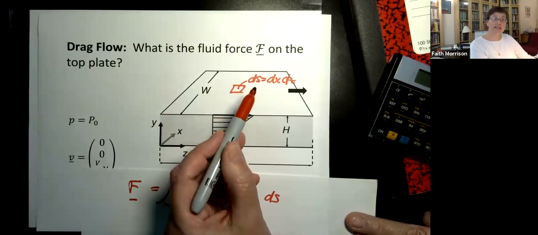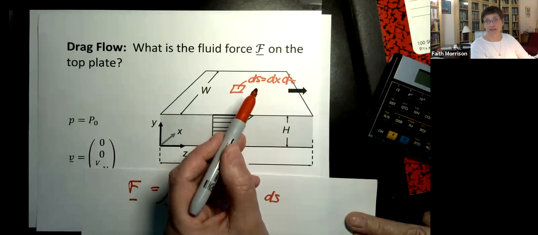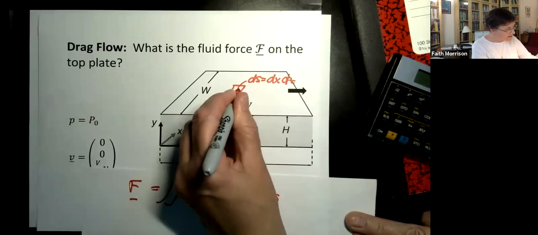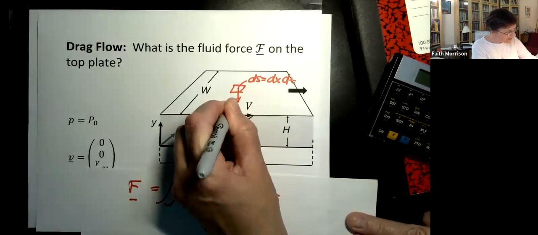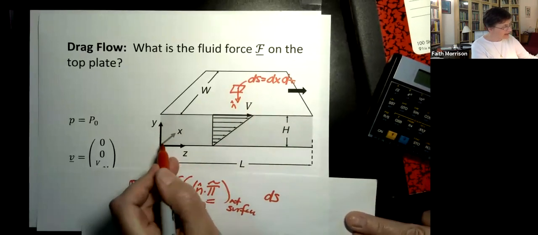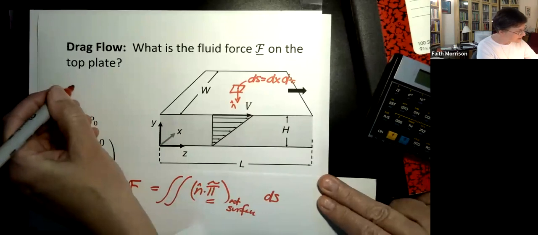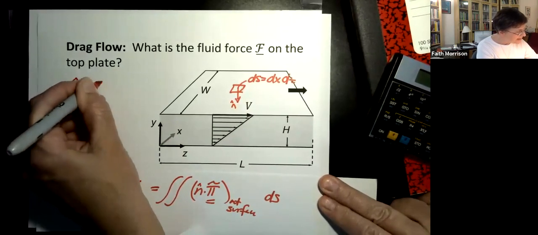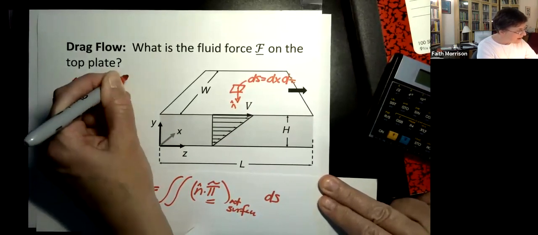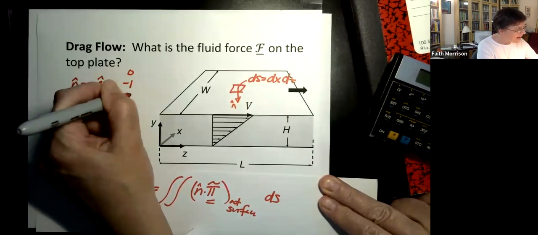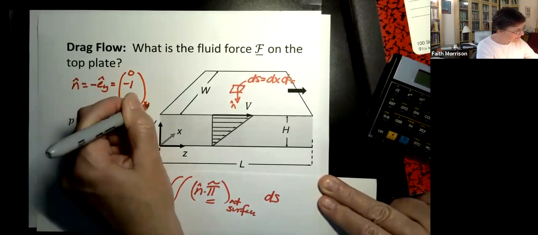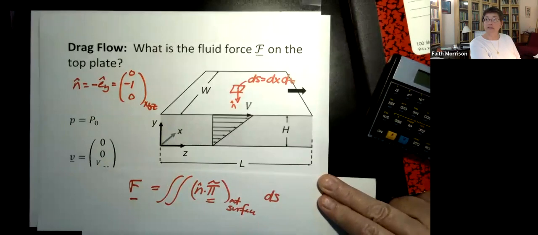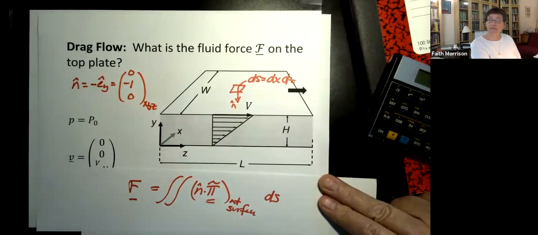So the surface that we're asking about, where the fluid action creates a force, is the wet surface, which is underneath here. So it's actually a downwardly pointing unit normal that's exactly in the minus y direction. So n is equal to minus e_y, or e_x, e_y, e_z, a vector 0, minus 1, 0.